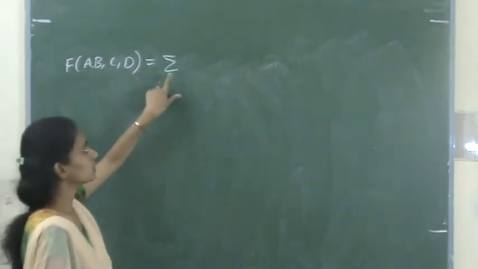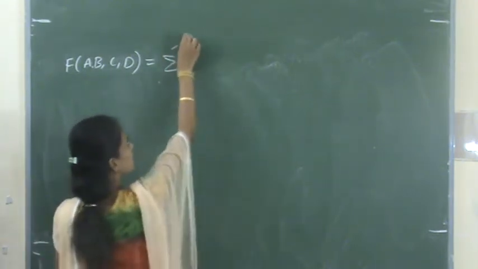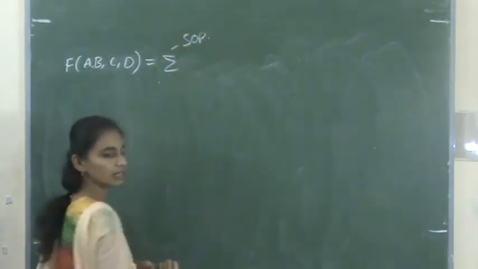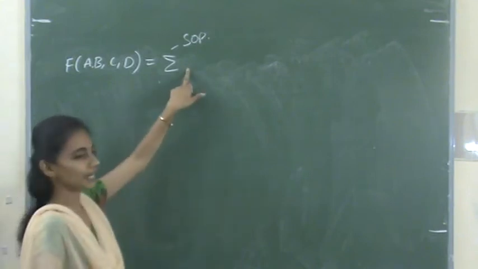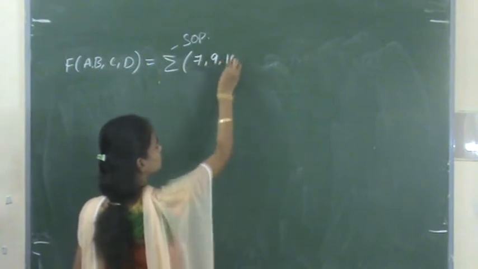After that, this summation symbol indicates this is a SOP form, and they provided some values.